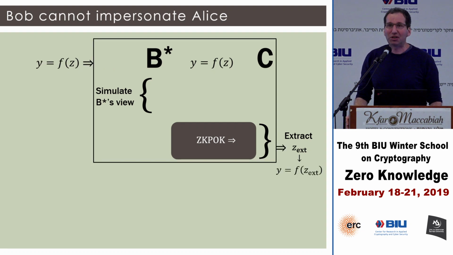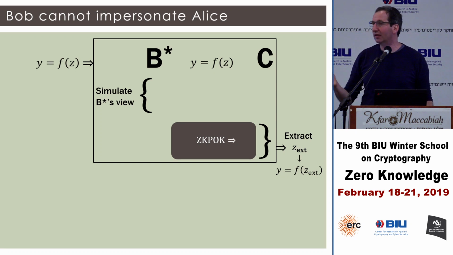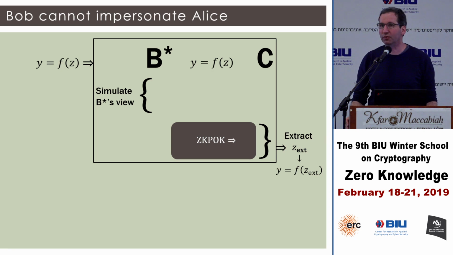And now you have this machine that gets, as input on the left, y equals f of z, and out of thin air, it extracts the preimage of y. So if Bob could impersonate Alice in this protocol, we could have used him to invert a one-way function by simulating on the left and extracting on the right. So this is the classic use of zero-knowledge proofs of knowledge.